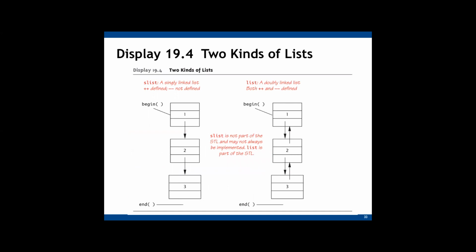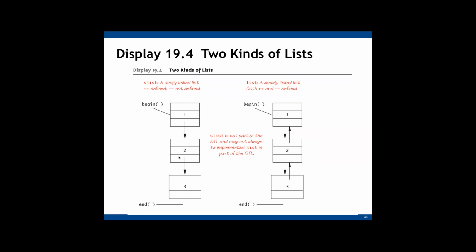This diagram shows the differences between singly linked list and doubly linked list. Each of these nodes in the linked list is an element. So this node, they are all elements. Same for this one. So this is the first element, and this is the second element, and so on.